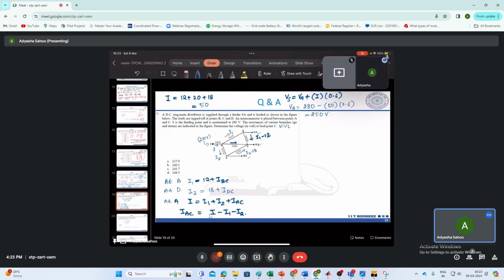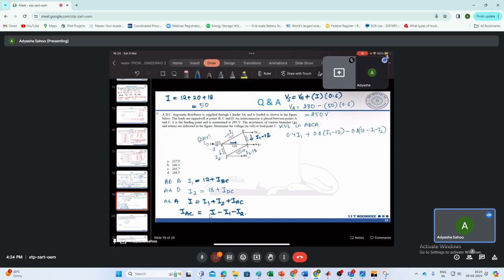Now KVL in loop ABCA. So starting from A, it is 0.4 I1, 0.8 times I1 minus 12, minus 0.8 times I minus I1 minus I2, where I is 50.